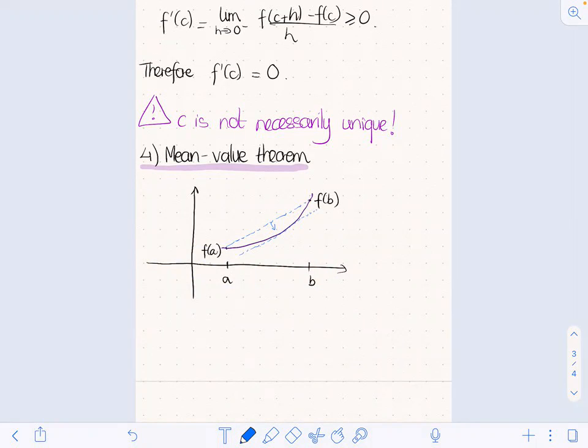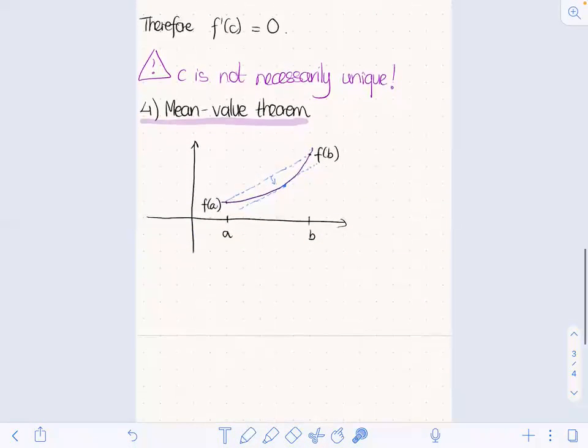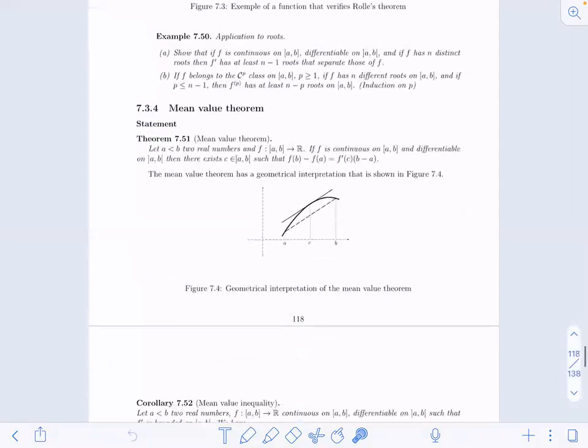So I've linked f of A and f of B. That gives us a line with a certain slope. And if you translate it a little, you can find a point, which will be roughly here, and at that point this line is tangent to the curve. That's what the mean value theorem tells us.